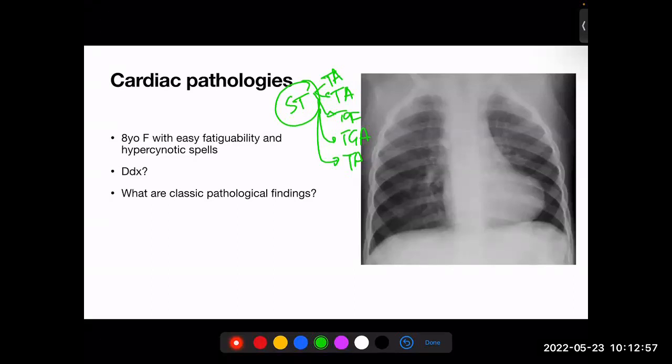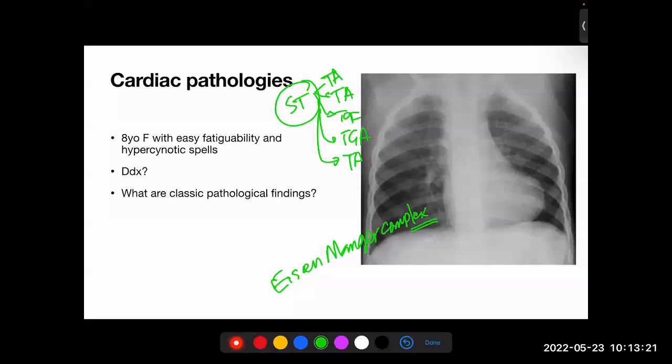Have you heard of Eisenmenger complex? Yes. What is that? It's a complication of a cyanotic heart disease.